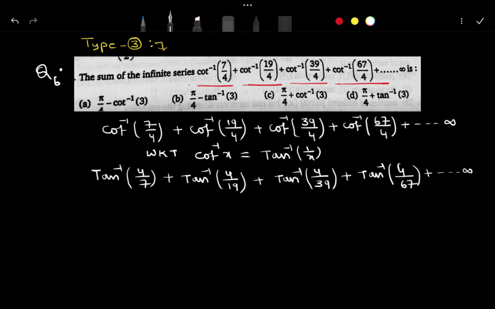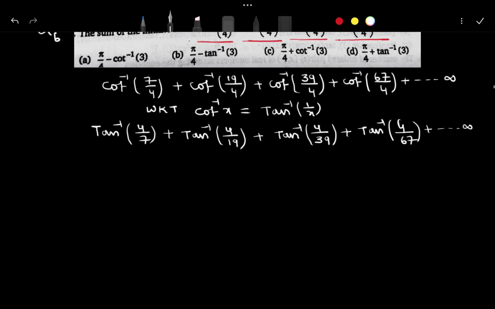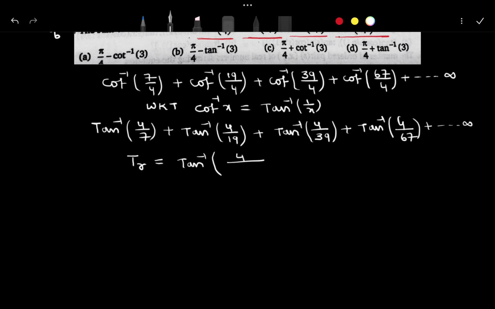Now, how do we find the general term? Write T r is equal to tan inverse of 4 by the denominators 7, 19, 39, 67 and so on. So the general term is 4 by 4 r square plus 3.